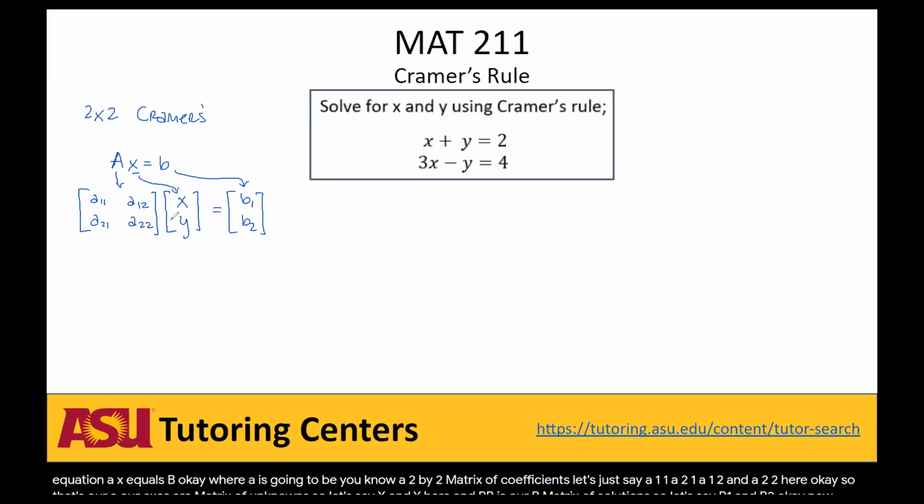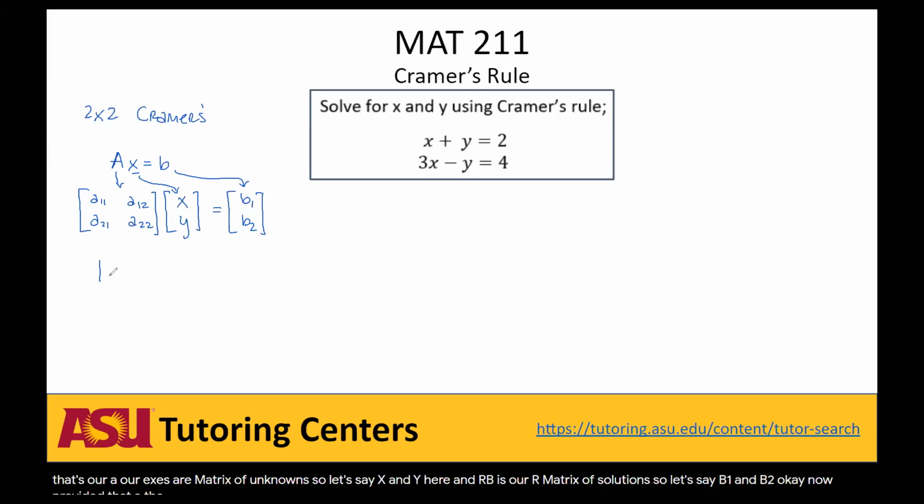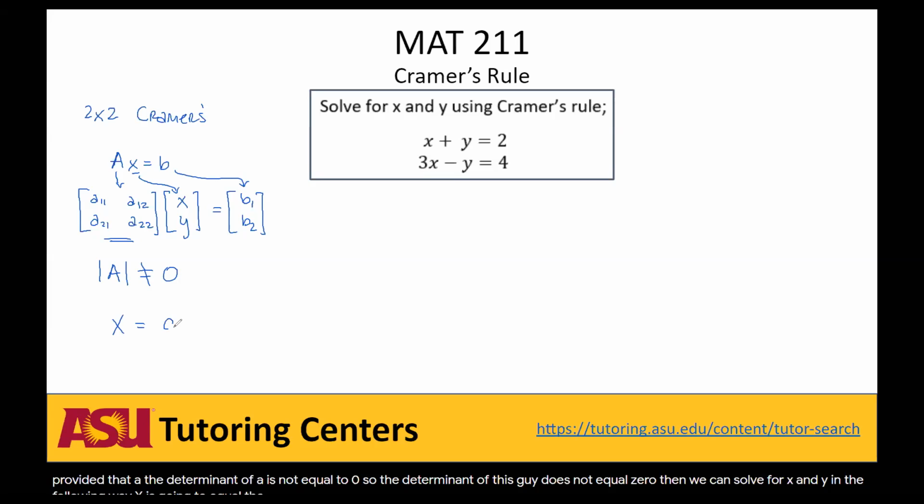Now, provided that the determinant of A is not equal to 0, so the determinant of this guy does not equal 0, then we can solve for x and y in the following way. X is going to equal the determinant of this matrix, B1, B2, A12, and A22.